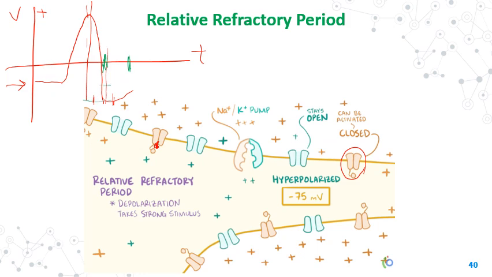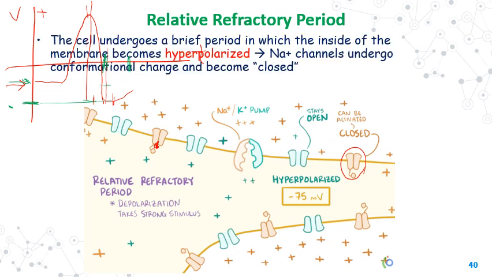Because you are further down, at a membrane voltage that is lower than your resting membrane voltage. Okay, so make sure you understand those principles. When your membrane potential is at a lower voltage than your resting, you call this membrane hyperpolarized.